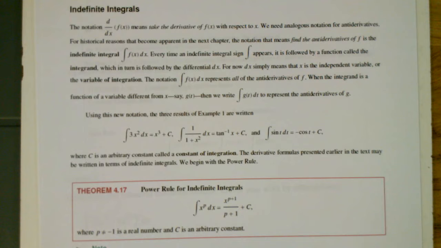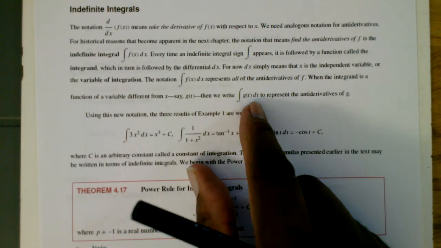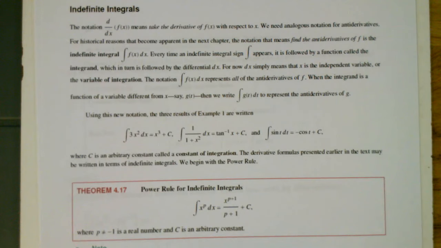The notation, the integral of f of x dx, represents all the antiderivatives of the function f. When the integrand is a function of a variable different from x, let's say g of t, then we write that as the integral of g of t dt to represent the antiderivatives of g.